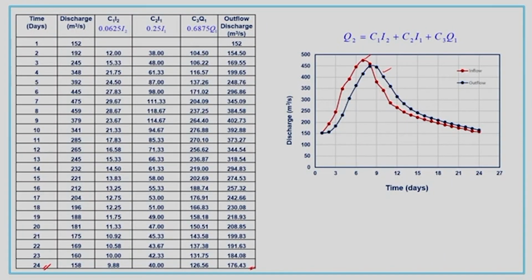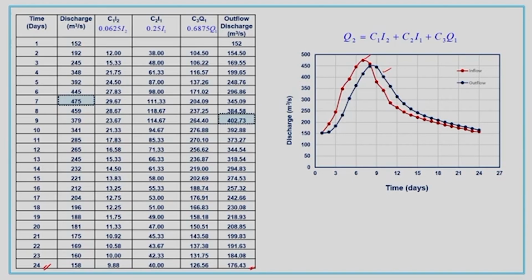If you compare the peaks of inflow and outflow hydrograph, there is a reduction in peak that we need to compute, that is nothing but the attenuation taken place. The peak of the inflow hydrograph is 475 meter cube per second, and the peak in the case of outflow hydrograph is 402.73 meter cube per second.